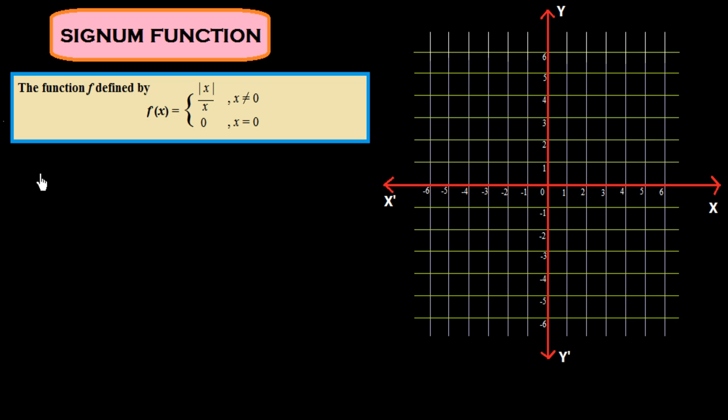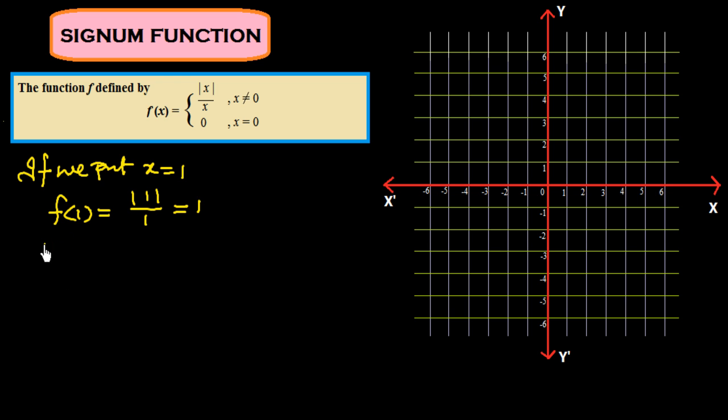If we take x is equal to 1, put x is equal to 1, what we get here: f of 1 is mod of 1 over 1, which is 1.